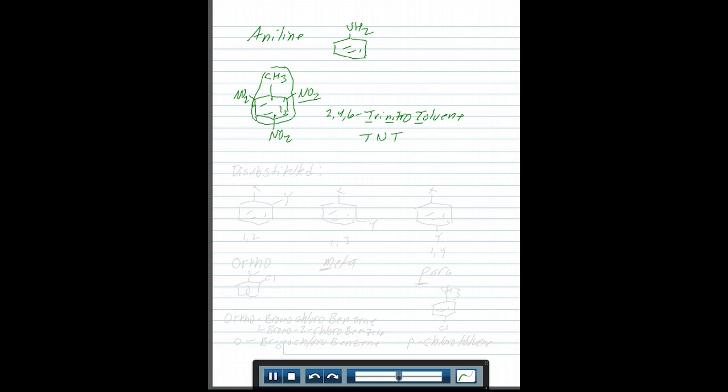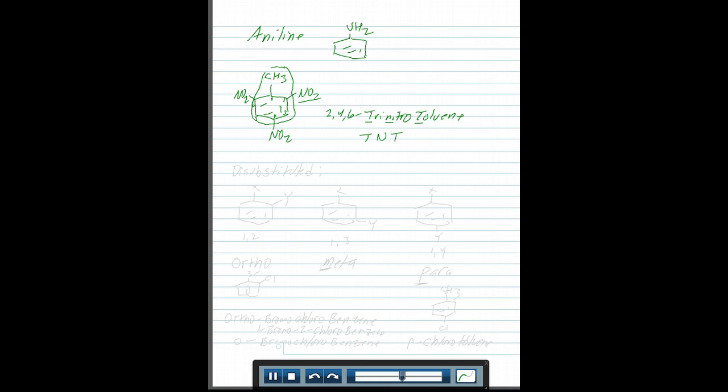Anytime you have nitro groups on organic molecules, they are rather explosive. They're very explosive compounds. They oxidize very easily. This is just to show you how common names are used often.